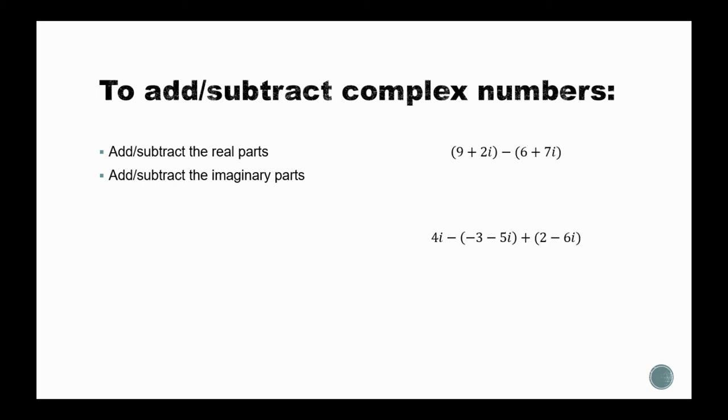So combine the real parts, combine the imaginary parts. So if we take 9 plus 2i minus 6 plus 7i, we're going to take 9 minus 6 and 2i minus 7i. Done. This looks familiar, right? Or at least understandable. Okay. Go ahead and try that next one. See what you get.